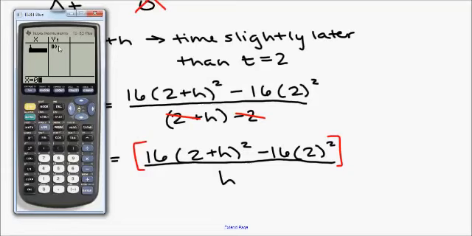Let's try something a little bit smaller because 1 is pretty big. Okay, so if I plug in 0.1, that is a tenth of a second, we get 65.6 for the speed, 65.6 feet per second. That is a huge drop down.